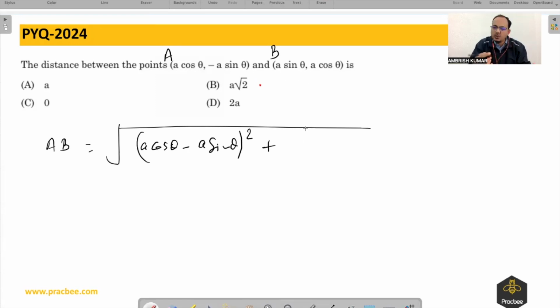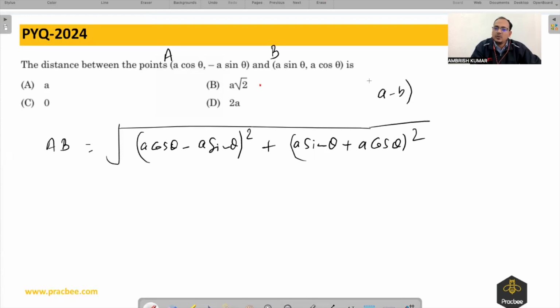We can take the negative common, it's anyway a whole square, so it's going to be (a sin theta plus a cos theta) whole square. Now, you know, (a minus b) whole square plus (a plus b) whole square is going to be 2 times (a square plus b square). So same you will have here.